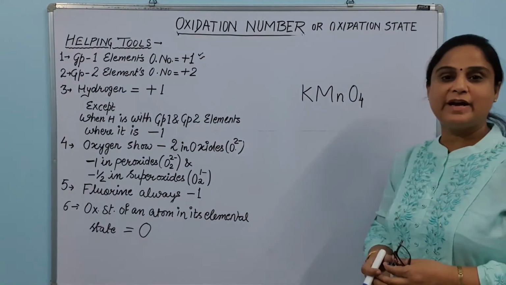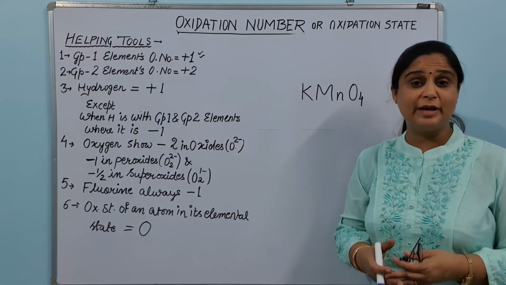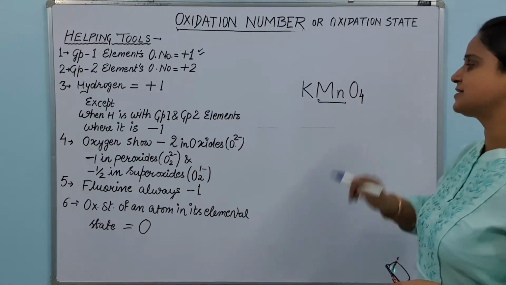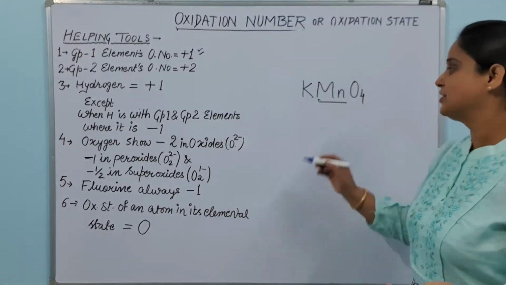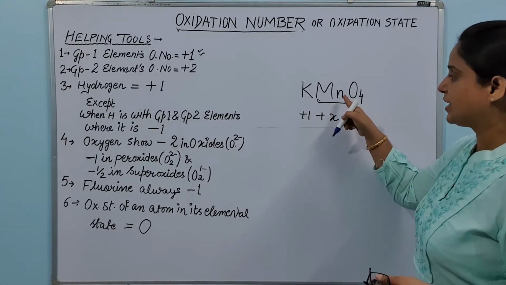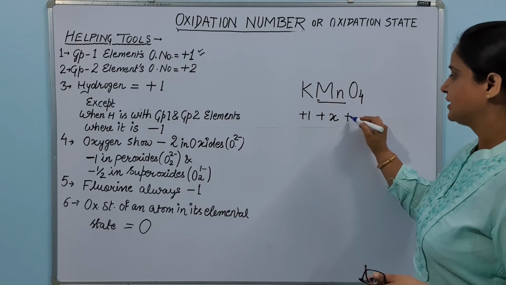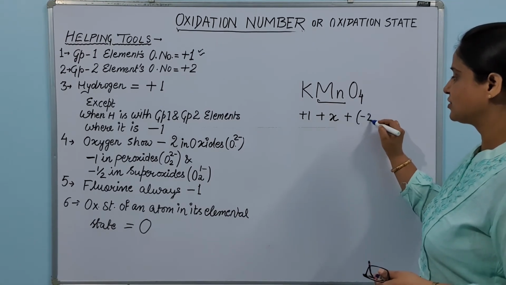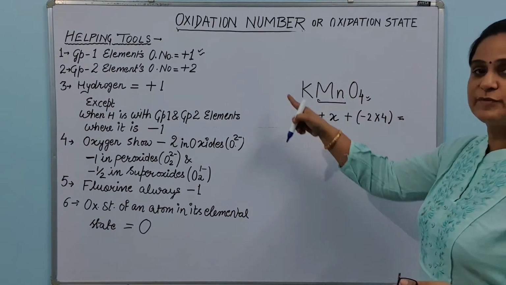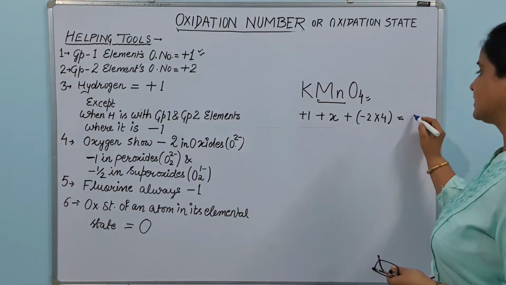Another molecule we have here is KMnO4. The name of this compound is potassium permanganate. So let's find out the oxidation state of manganese in this compound. This is +1, this is X, 1 atom, so I am using only X. This is oxygen having -2 oxidation state, having 4 atoms, multiplied with 4. Total charge, because it is a molecule, is 0.